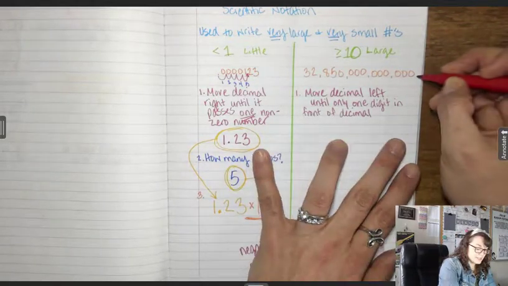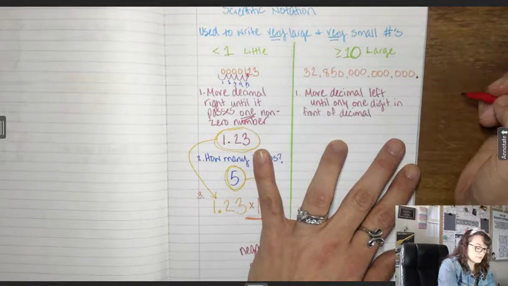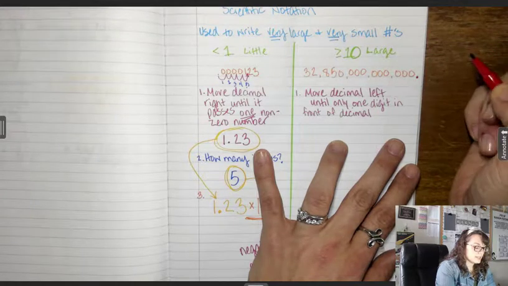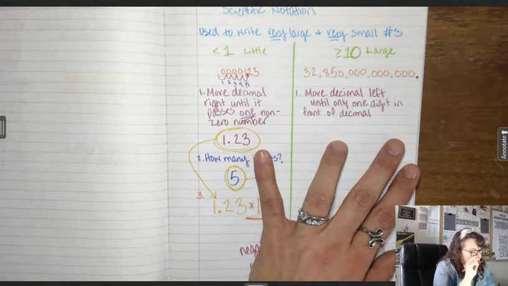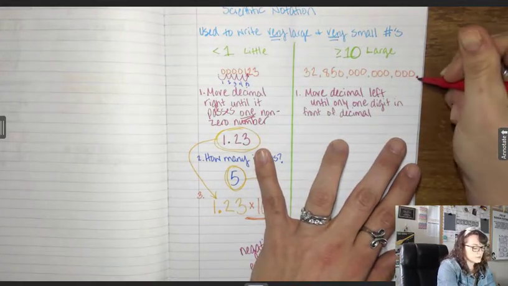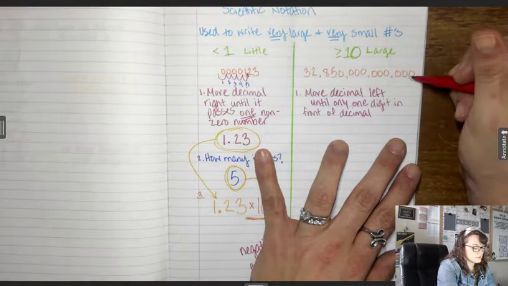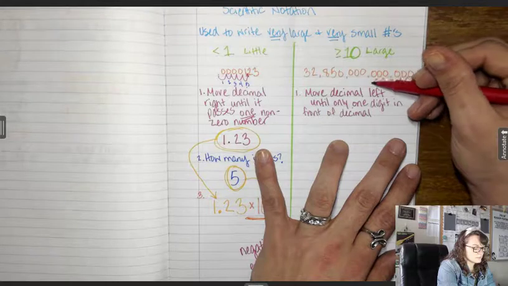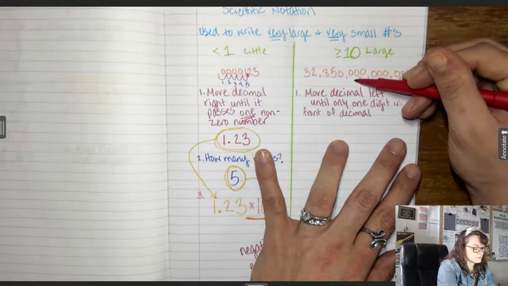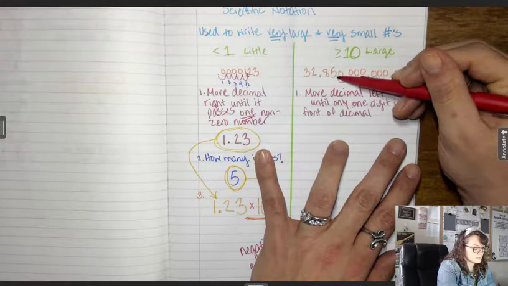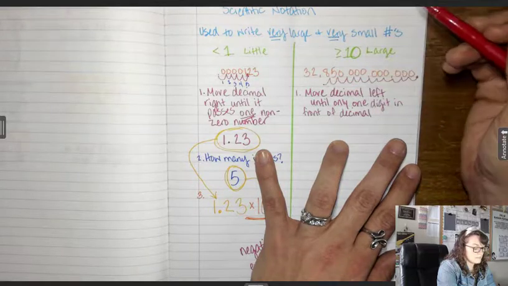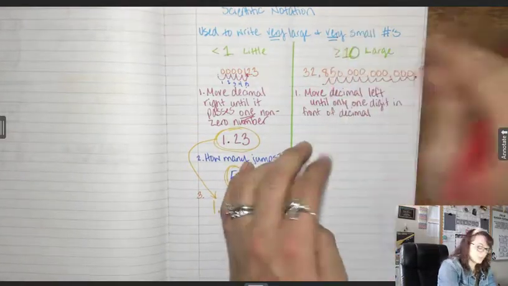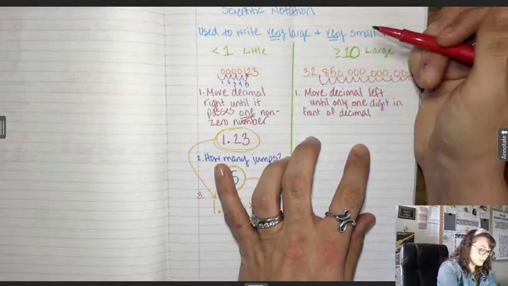So if my decimal is here, how many jumps is it going to take until there's only one digit in front? Tell me when to stop. Stop. Is that one digit? Nope. Keep going. Now is it one digit?